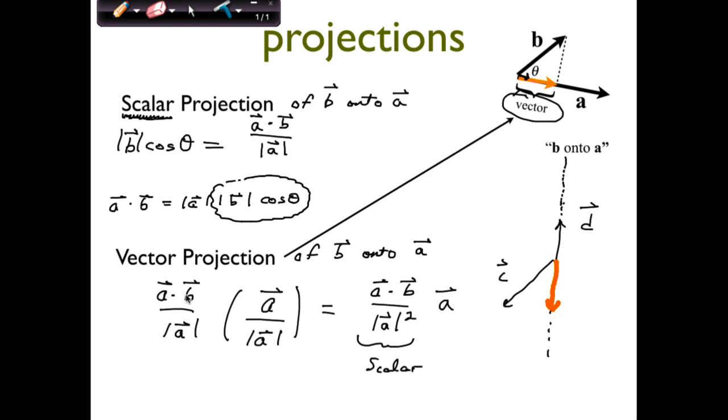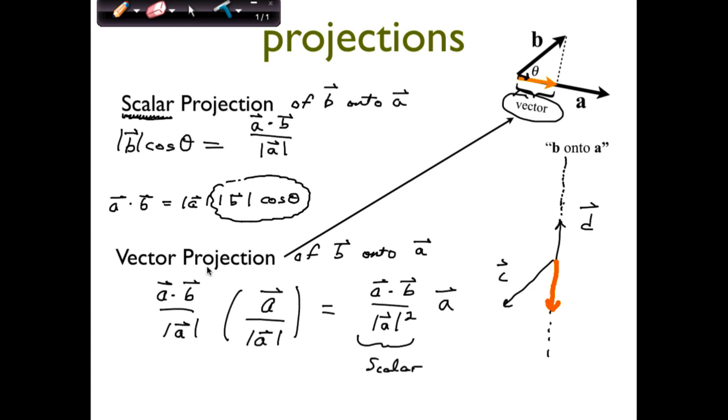The scalar projection is the magnitude of what vector? The vector projection, right? Okay. So this is just the magnitude of this. We started looking at the length of that, and then we said, okay, what's the vector of that? So that's just the magnitude of that.